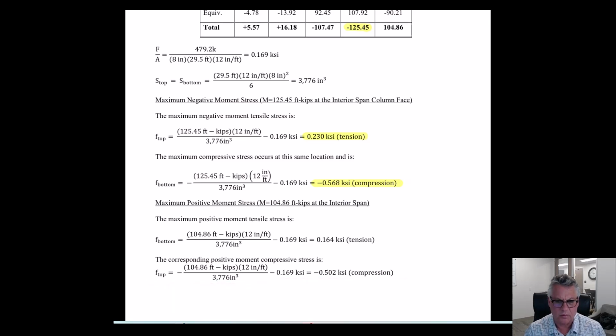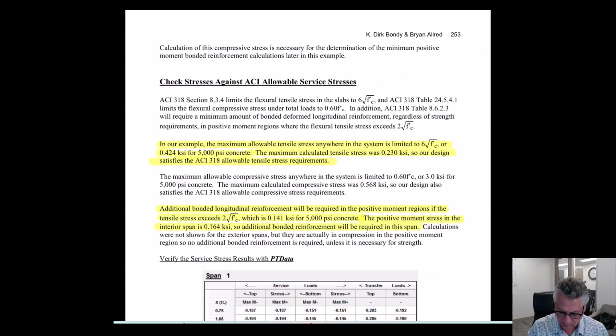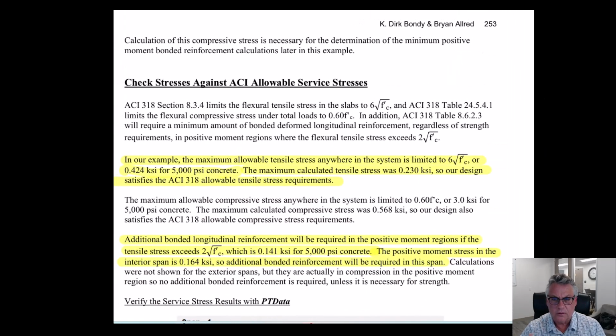I need to know what the compression is at that same location, and I will show you why later. So I've got at the maximum positive tensile stress. You're actually going to need to do these at each positive location in your actual design and actual practice. But I'm doing this to make a point. We've got tension on the bottom, compression on the top. So let's check allowable service stresses.